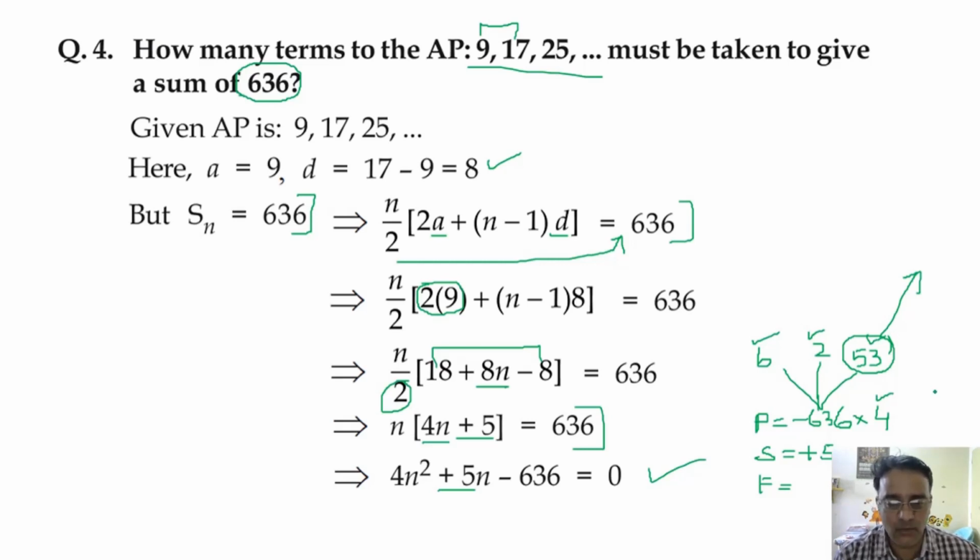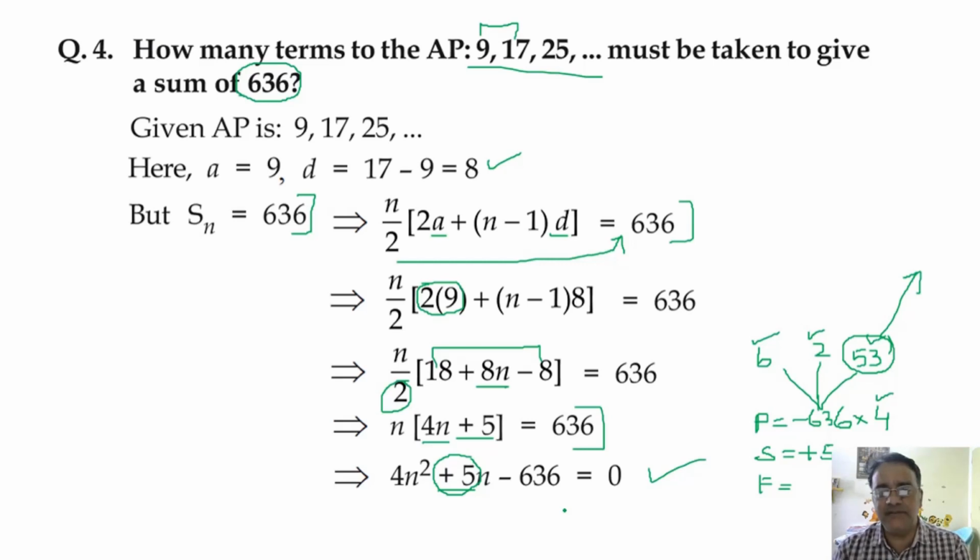Let me tell you again what trick I used here. Because this is a big number, if you multiply, it will become a 4-digit number. That is why I did not multiply it. I broke up 636 as 6 into 2 into 53. Now the difference should be an odd number, so one should be even and the other odd. Here there is only one odd number, 53, so I separated it.